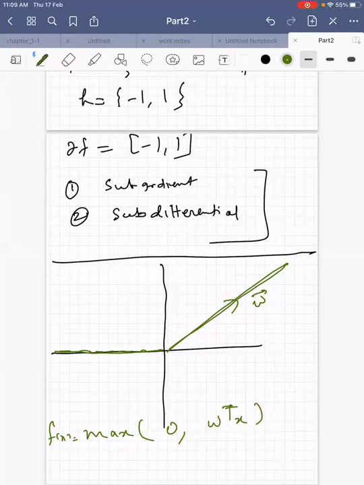But we can use the property of the max of two functions: 0 is one and W transpose X is the other. If both of them are convex functions, then the max will also be a convex function. That is the answer: max of two convex functions is a convex function.